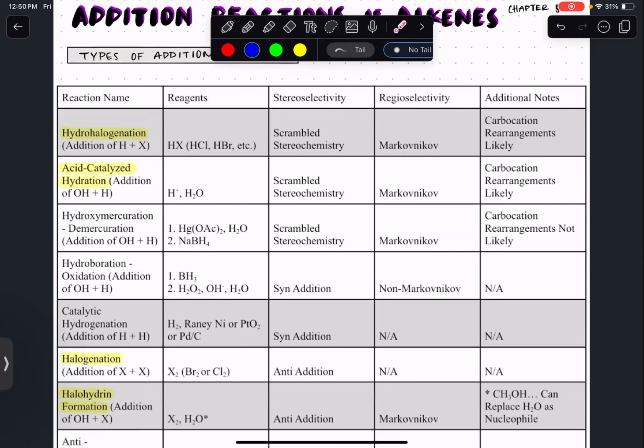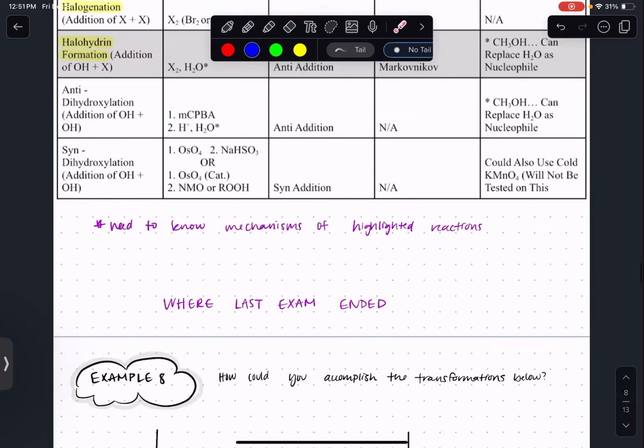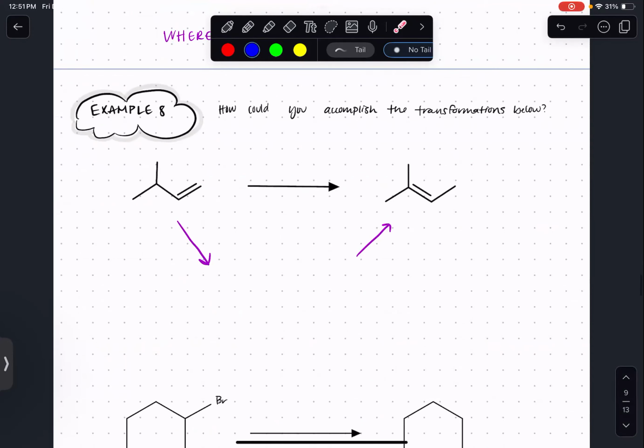So we could either add a hydrogen and a leaving group, which seems like it could work, or we can add an OH and a hydrogen. So it's also important to note, when you're looking at these, there are a couple different ways that you can do them. Now if we look back at this, I could do this a couple different ways.